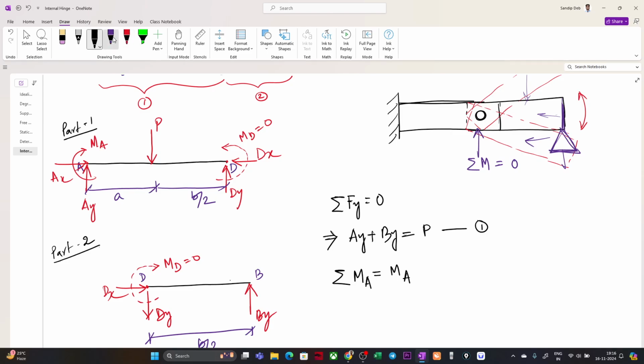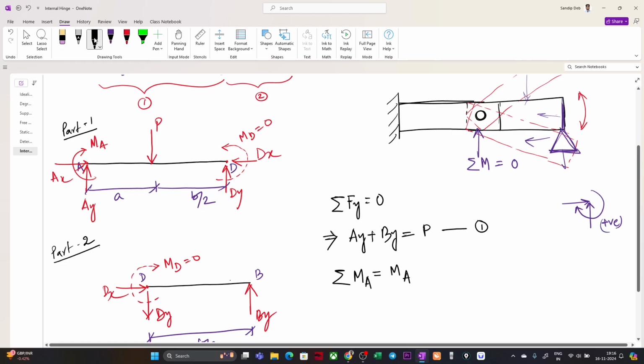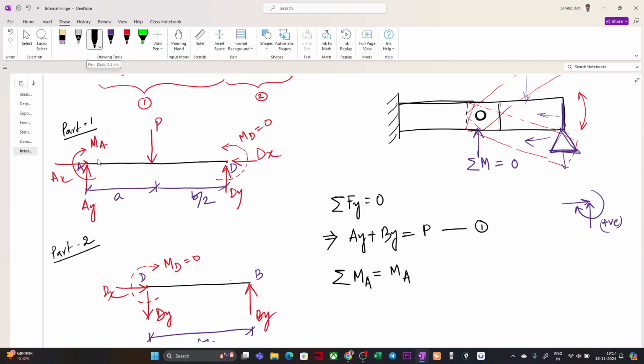Because, if you remember, we discussed earlier that these moments and forces are positive. I still don't know the direction of the moment, so I'm just assuming MA is this way, positive. Now P into a will also generate a moment here, clockwise along this direction, so again it will be positive, plus P into a.